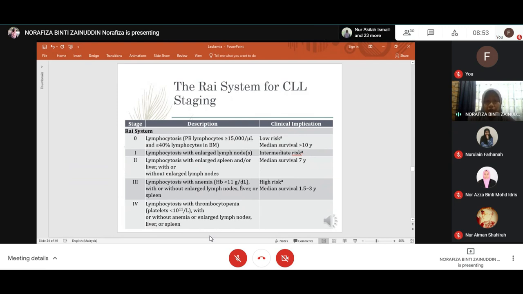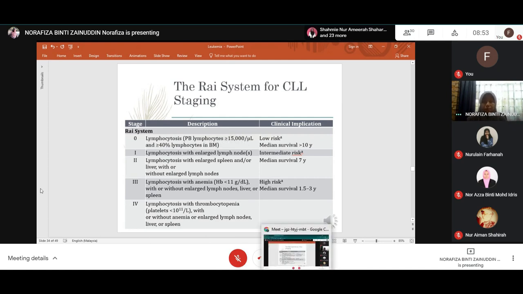Those with lymphocytosis with anemia, with or without enlarged lymph nodes, liver or spleen, are categorized as high risk, Rai stage 3, and the median survival is 1.5 to 3 years. This goes also the same with lymphocytosis with thrombocytopenia, which you can see in Rai stage 4 patients.